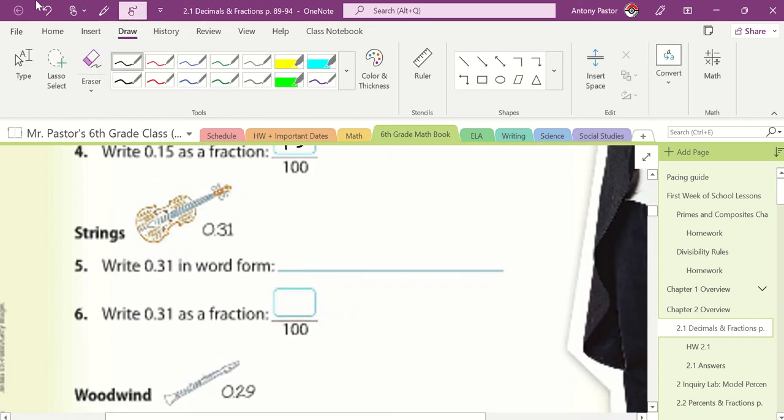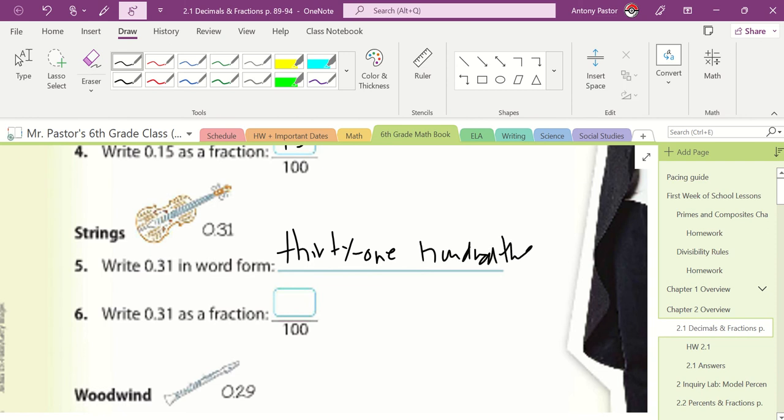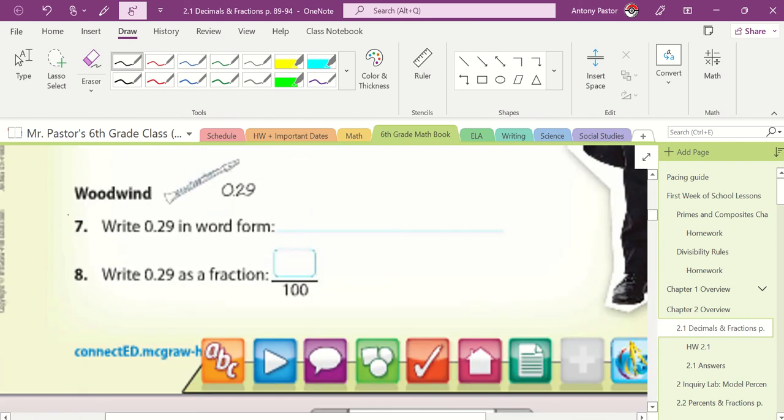0.31 in word form would just be 31. 31, and then the place value, which would be hundredths. And this would just be 31 over 100. And our last example, 0.29 in word form, again, would be just 29.